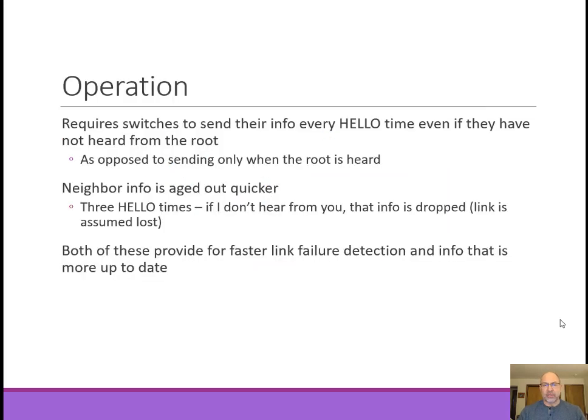One of the differences here is that in traditional spanning tree, it's very common to see the root send out a BPDU and then it sort of flows away from the root. So other BPDUs are generated upon receiving a root BPDU. In this case, what we're seeing is that switches send their info every hello time, even if they haven't heard from the root. Now, there might be a topology change coming, but they still send out their information.